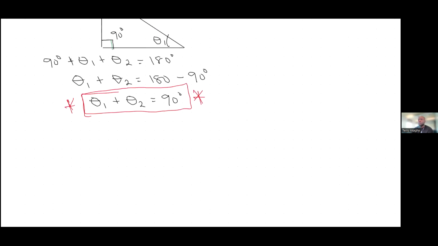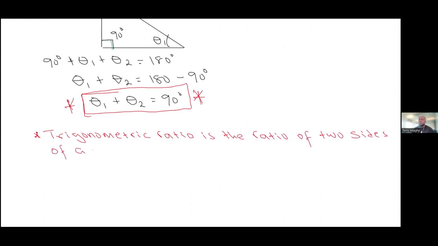So the trigonometry ratio, okay, is the ratio of two sides of a right angle triangle with respect to any of the angles.